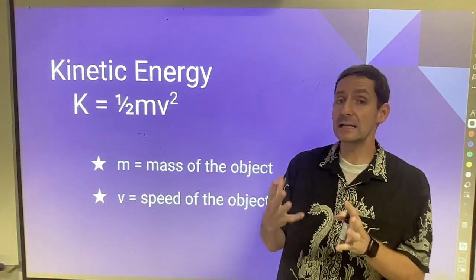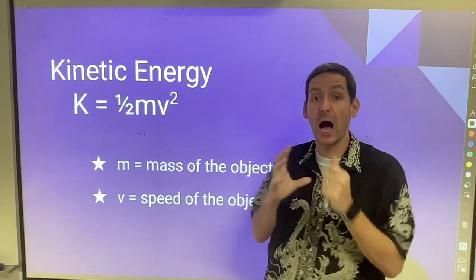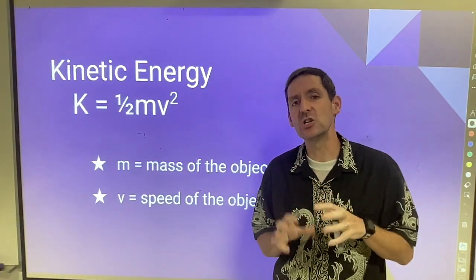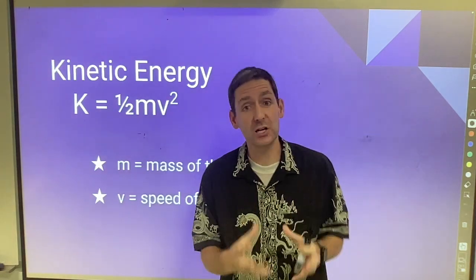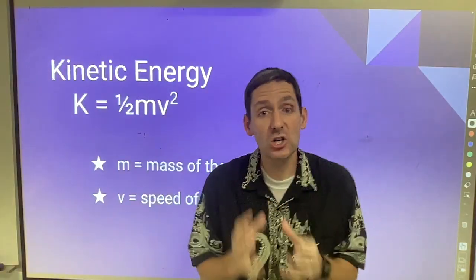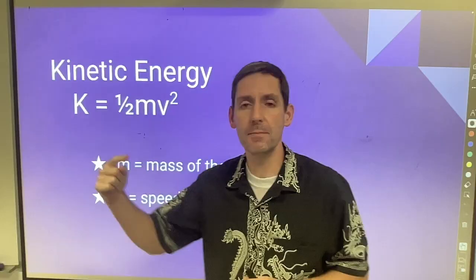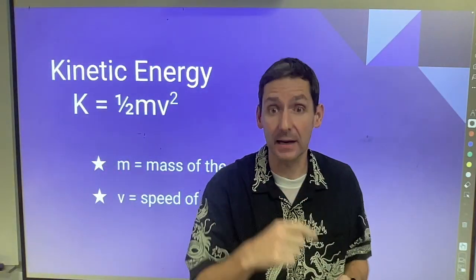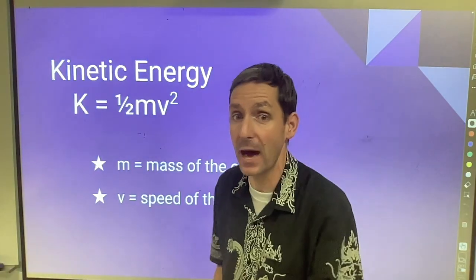Now I know it's very likely that your brain is saying v is velocity, but kinetic energy is not a vector, right? Remember, a vector has both direction and magnitude. The direction is important. Kinetic energy, the direction doesn't matter. If I'm going 10 meters a second in this way, I have a certain amount of kinetic energy. If I go 10 meters a second that way, I still have the same amount of kinetic energy.